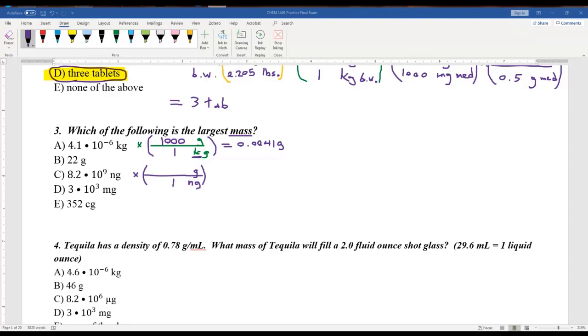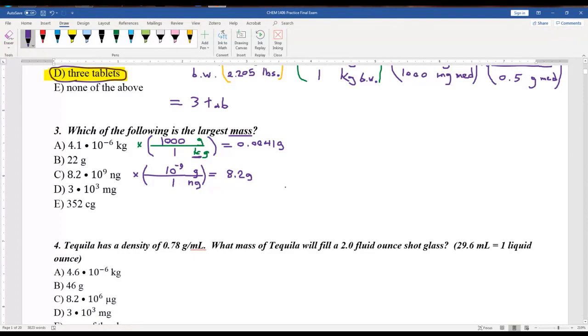Actually, it doesn't represent 9, that would be nona. Interestingly enough, it's the same letters. Nona represents 9. Nano represents 10 to the negative 9th. So in this case, if I multiply the top and divide by the bottom, this is going to give me 8.2 grams.